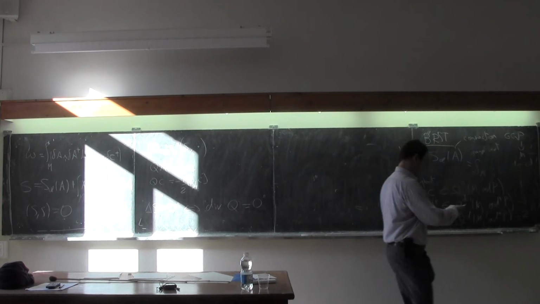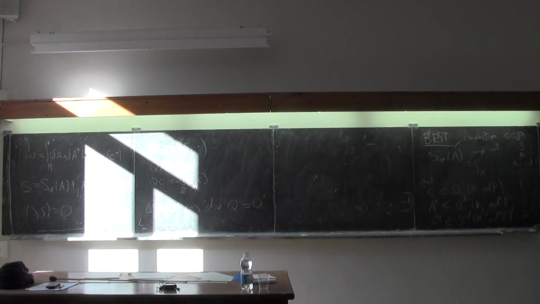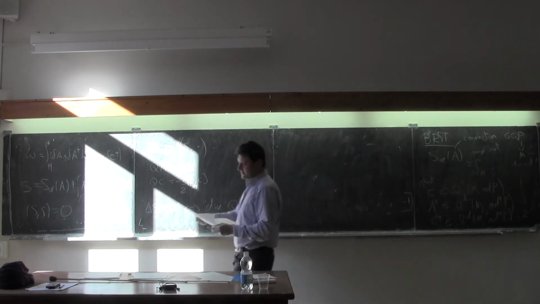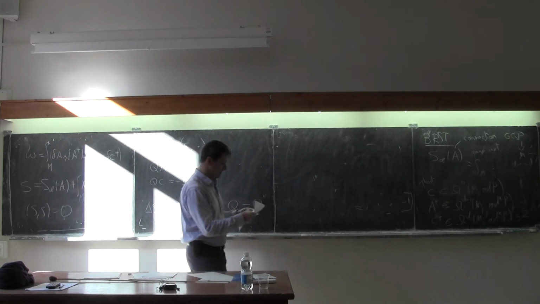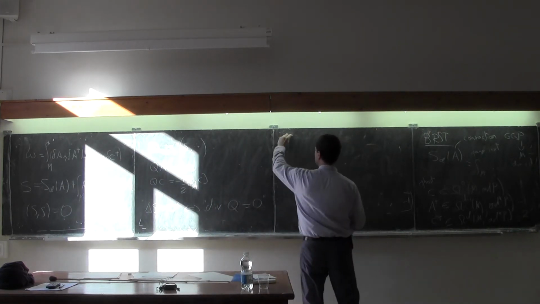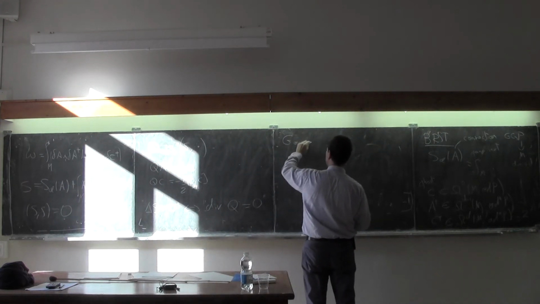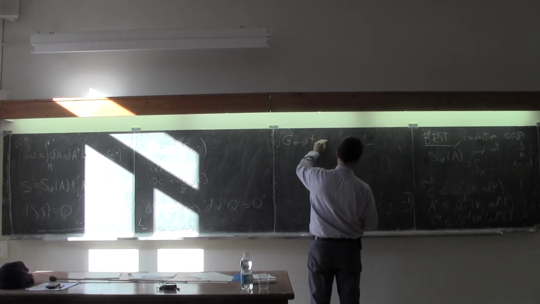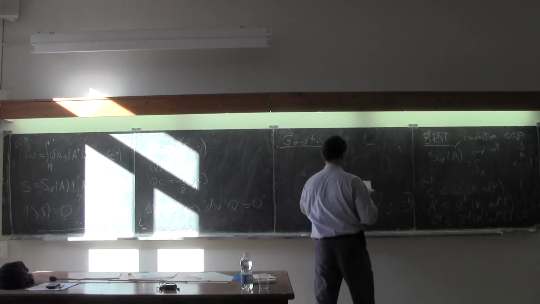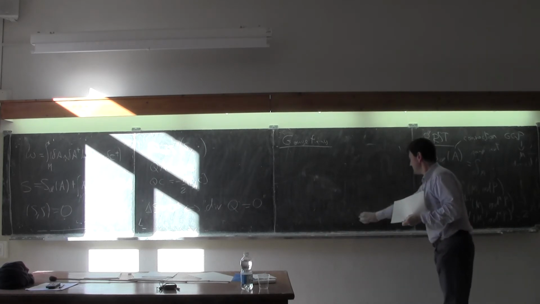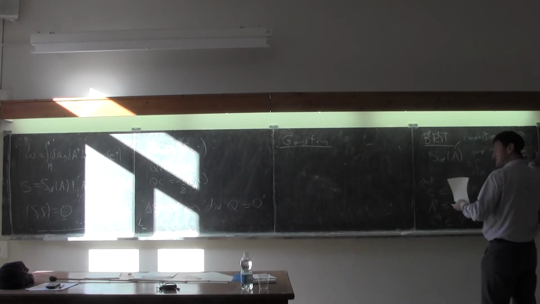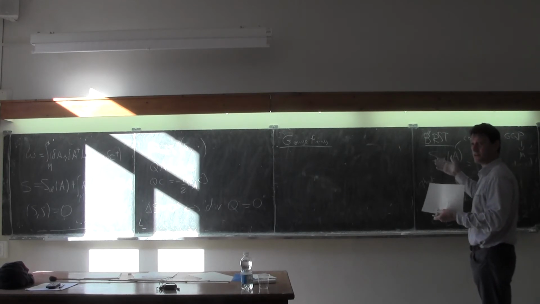Okay, so maybe let me tell you about the gauge fixing. Now, what you do actually, for example, in Yang-Mills or generally for gauge theory, is to enlarge the space of the fields.